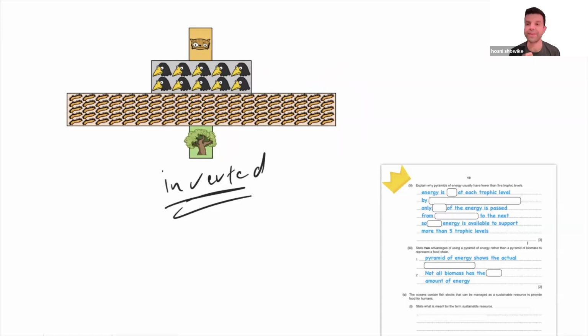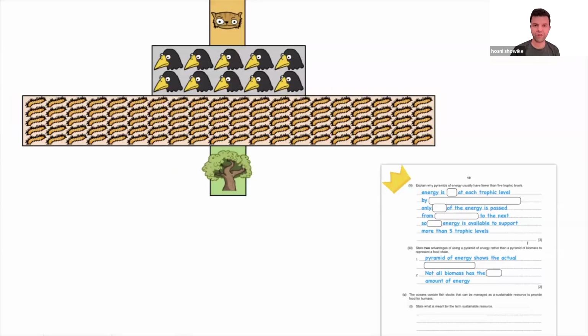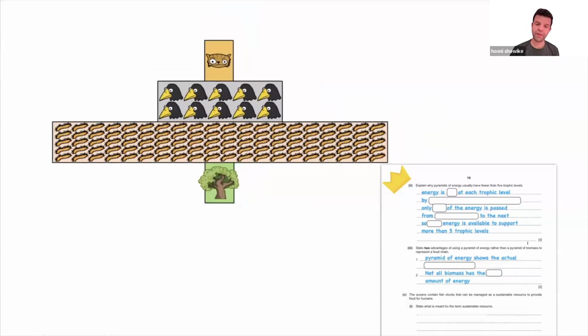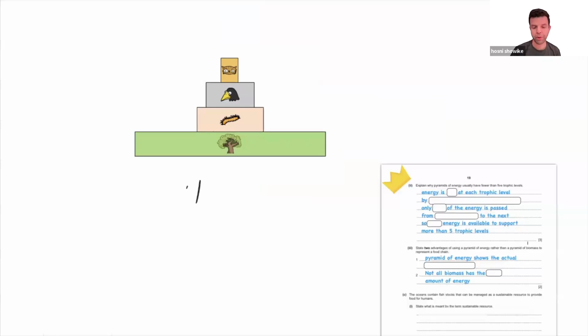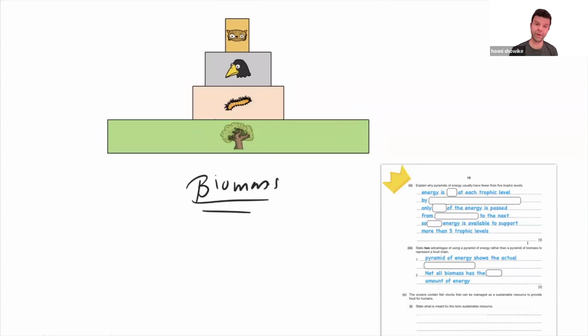So that's a pyramid of number, which is the worst one among them, very misleading, because as you can see, the tree shows here as a smaller block than the rest. You also have what we call pyramids of biomass. Here, we're actually measuring the mass of each trophic level, and it would show something like this, right? Usually they're always upright. There's no way a tree will weigh less than caterpillars.